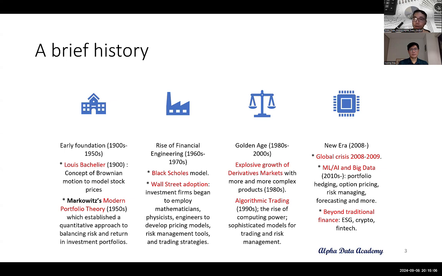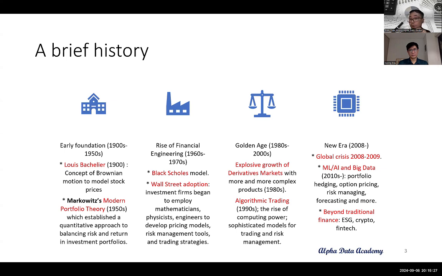And the new era that I would like to mention here in this very brief history of quantitative finance started, I chose 2008, but maybe a little bit earlier or later, I'm not so sure, but let's agree on 2008 as the start of the new era.